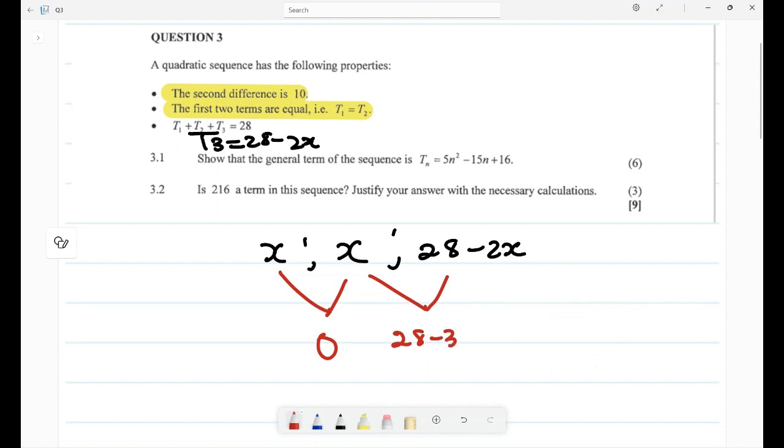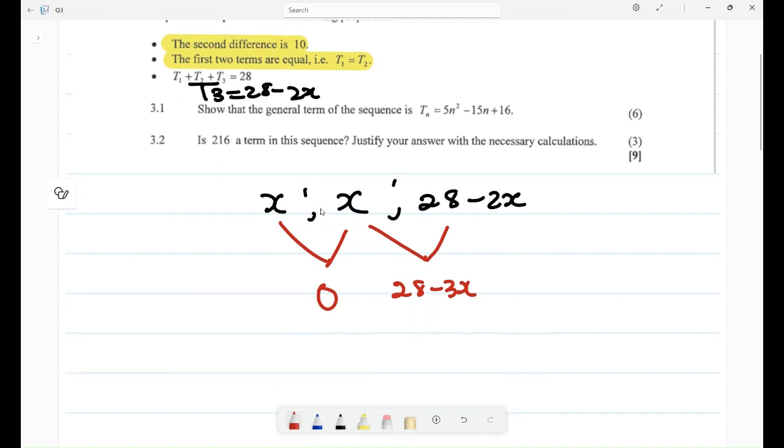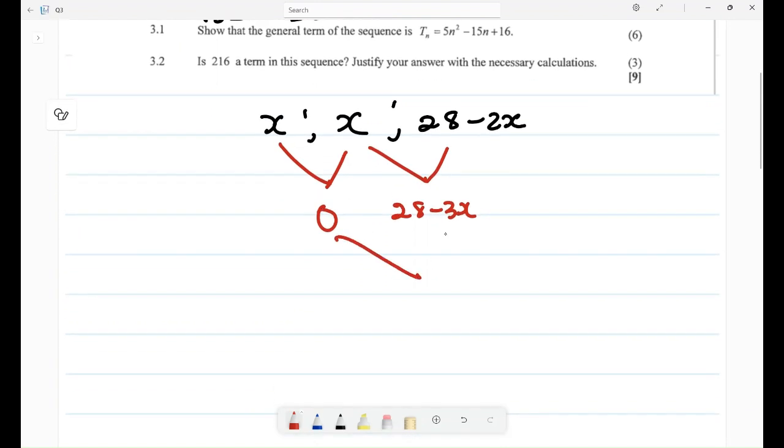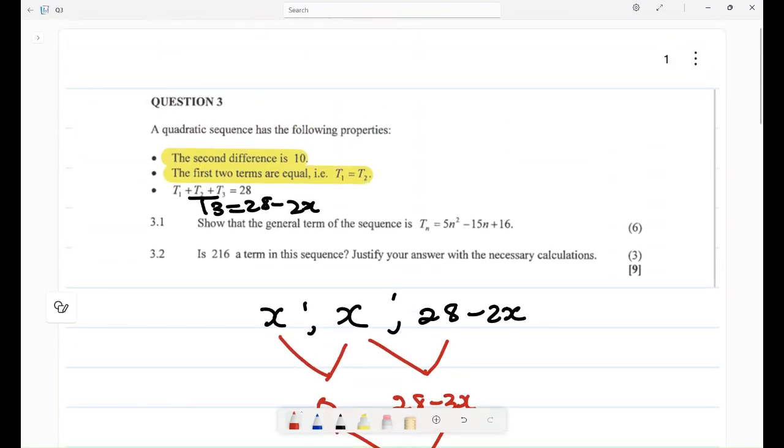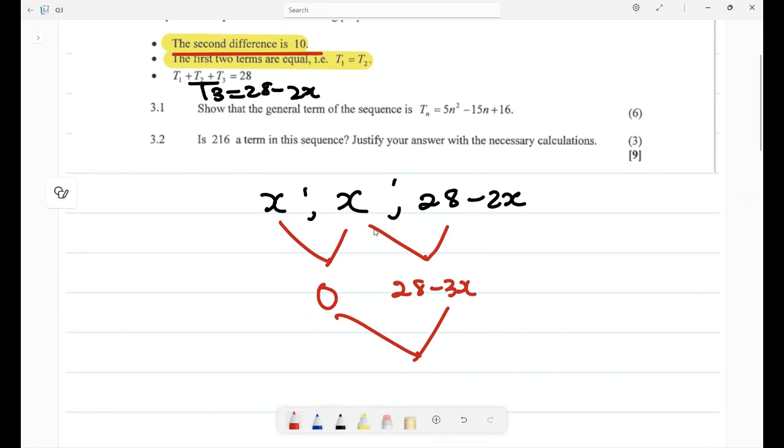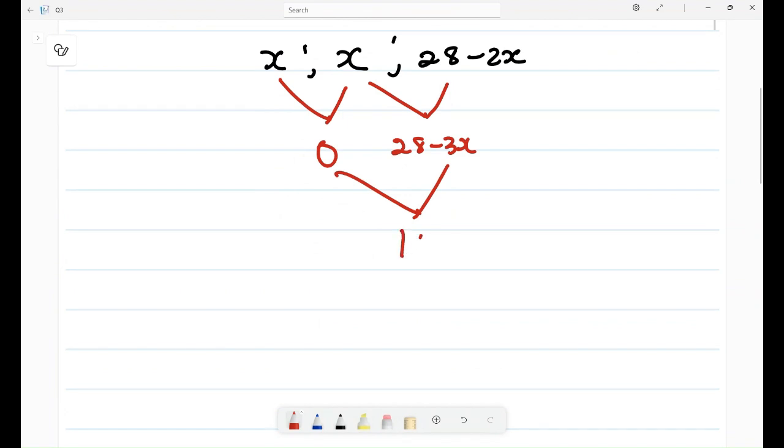Now, I know that the second difference, which is constant, was given to me as how much? As 10.